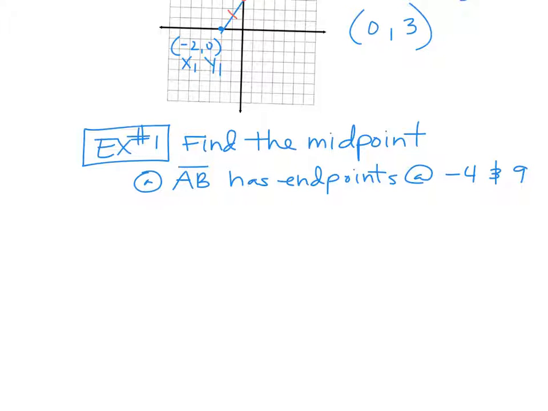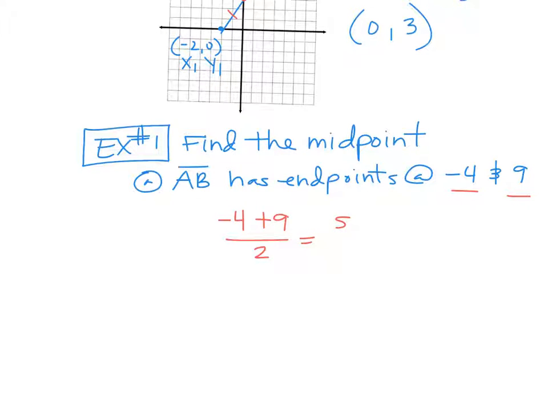Okay, now you don't have to plot it on a number line. If it helps you to see it better on a number line, go for it, or maybe that's how you want to check your answer, but you really don't have to do a number line. What are you going to do with those two numbers? How do you find the midpoint when you're just given two numbers? Add them up, divide by 2, right? There's two numbers there. So basically you're finding the average. -4 plus 9 divided by 2.